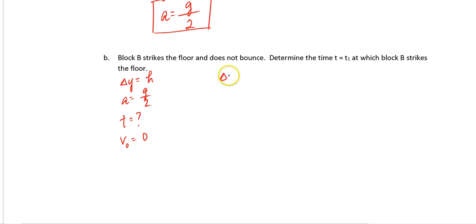We've got our displacement. You call it delta y if you like, equals v naught t plus 1/2 a t squared. Right. Our first term is 0 because this is starting at rest. So our displacement, which is h, equals 1/2 times a, which is g over 2, times t squared.